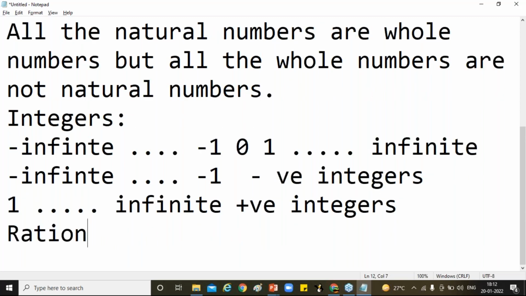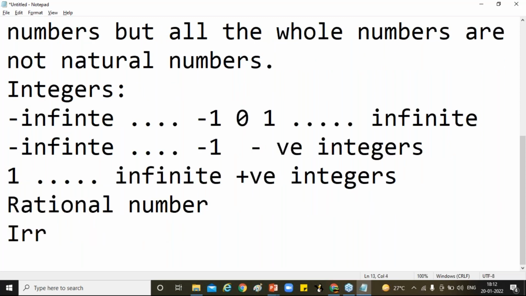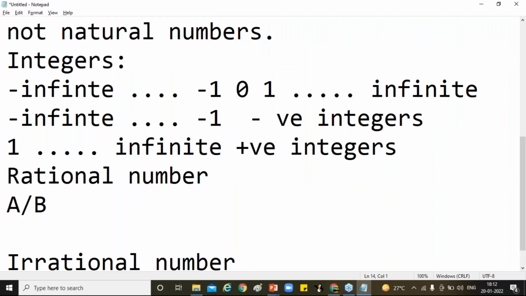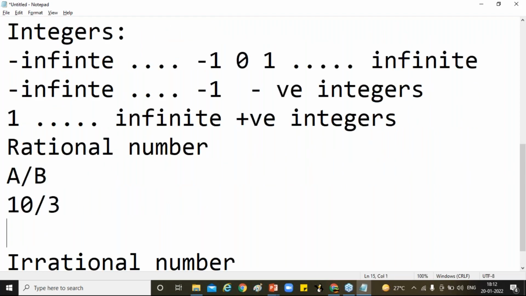So next one, most important point. What is the difference between a rational number and an irrational number? Many of you are confused here. Take two natural numbers a and b. Whenever we provide the relation between two numbers of the form a by b, we say that a by b is called a ratio, like 10 by 3, 25 by 2.